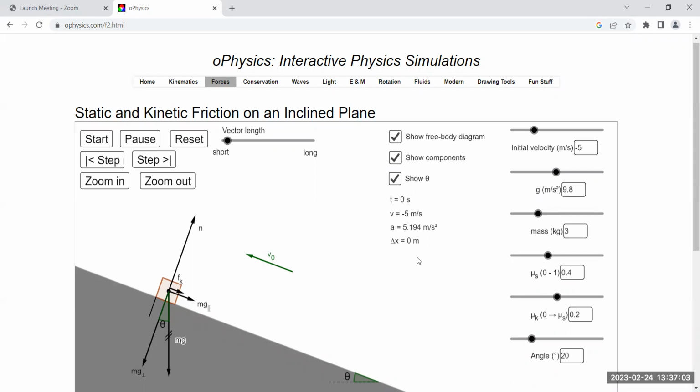What we did in the previous example is we found what that coefficient of friction is. Well, now that I know the coefficient of friction, I know the force. And if I know a force and I know a mass, I know an acceleration.